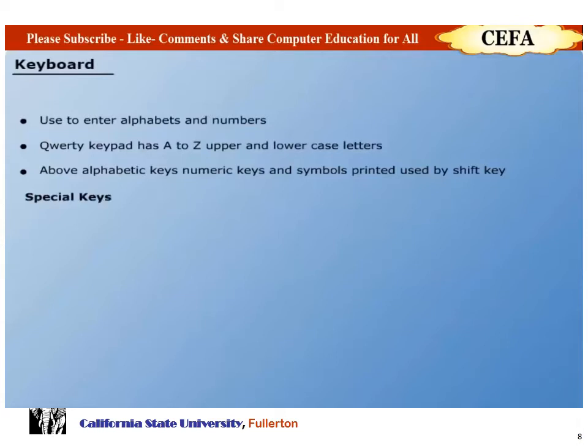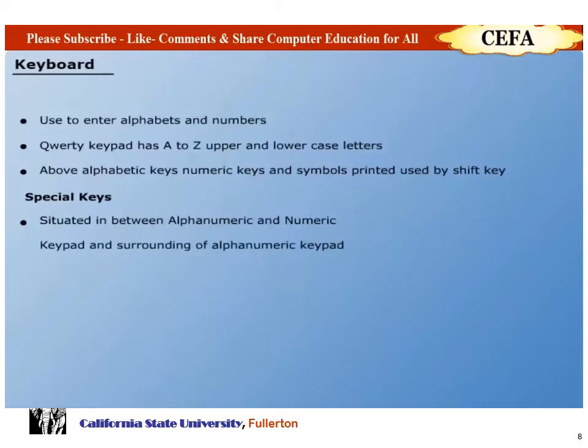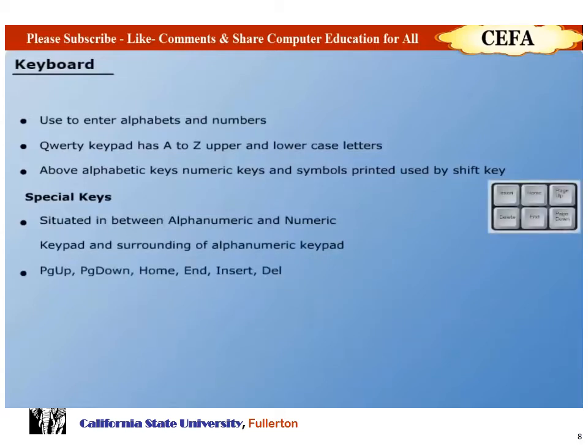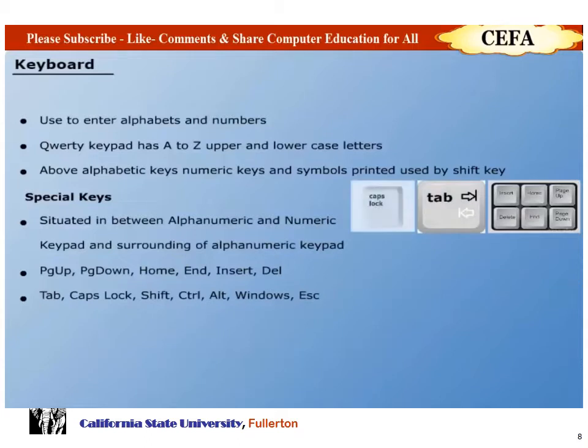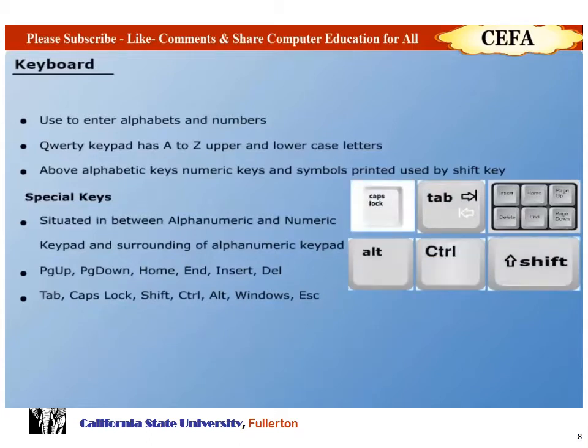Special keys. These are some keys situated between the alphanumeric and numeric keypad and surround the alphanumeric keypad as well. These are page up, page down, home, end, insert, delete, and Tab, Caps Lock, Shift, Control, Alt, Windows, Escape, etc. Screen navigation keys.